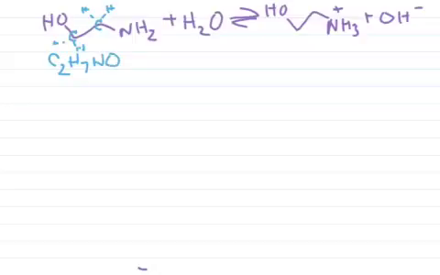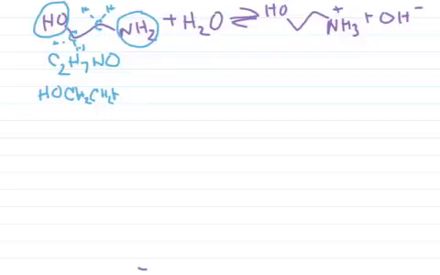Now, a better way to write this to show the alcohol and the amine group is to write it as HO, CH2, CH2, NH2 plus water goes to, again, the little bumps are the carbon.